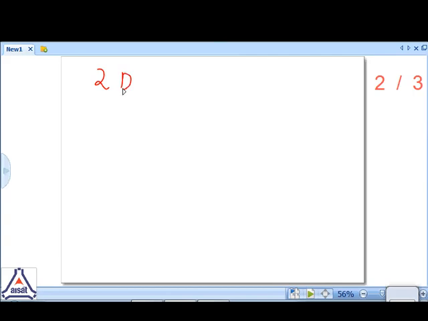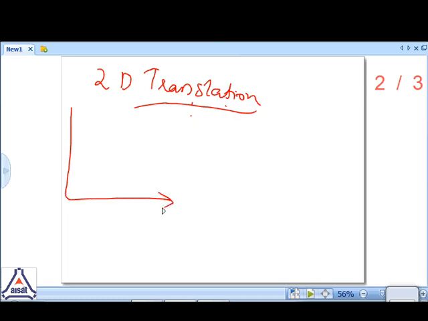So first we are going through the topic 2D translation. As the name indicates, translation means the movement of an object. Here I am considering a square. This square can be moved in three different ways: one is in x-axis, one is in y-axis, and another is in both x and y axis.